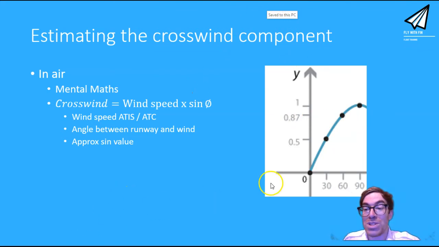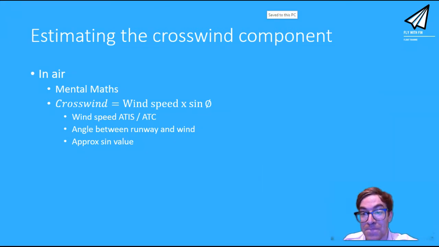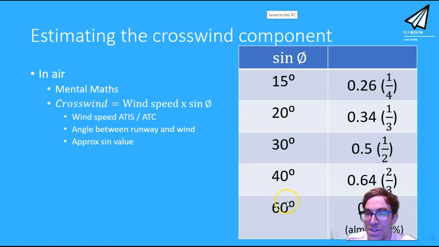Don't forget what we're doing here is we're trying to find a way to calculate sine really quickly and simply. So I've got a table up here of different values of sine, and you see here that 20 degrees off is about a third, and 30 degrees off is about half, 40 degrees off about 2/3, and 60 degrees is almost 90%.